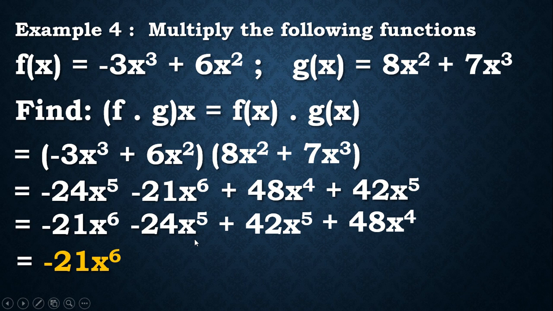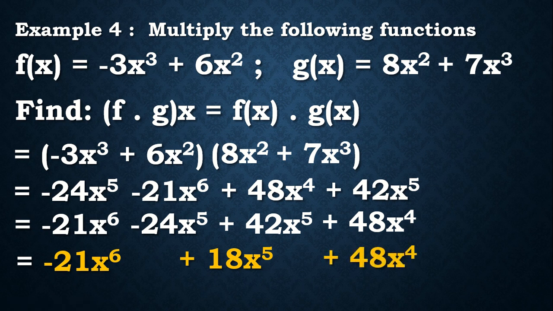They are like terms. If we combine them, we'll have 18x to the fifth. And then bring down plus 48x to the fourth. So we have the answer for example number 4: negative 21x to the 6 plus 18x to the fifth plus 48x to the fourth.